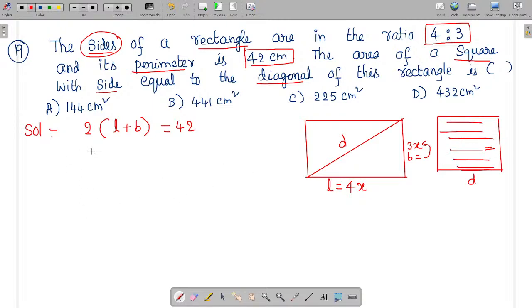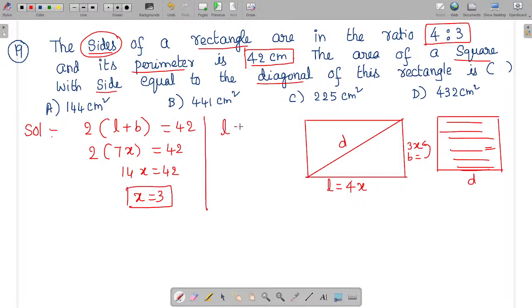Perimeter means 2 into length plus breadth is equal to 42. So 2 times (L plus B), 4x plus 3x, that is 7x, is equal to 42 divided by 2. So 14x is equal to 42. Obviously x is equal to 3. That means, see my dear students, length becomes 12 centimeters, 4 into 3. Breadth becomes 3 into 3, 9 centimeters.